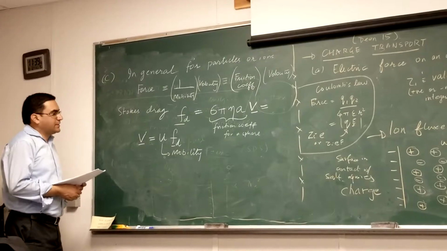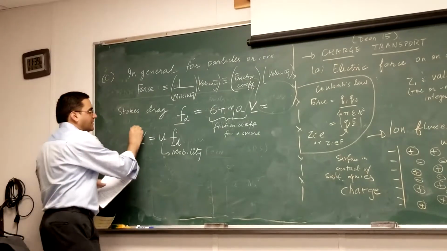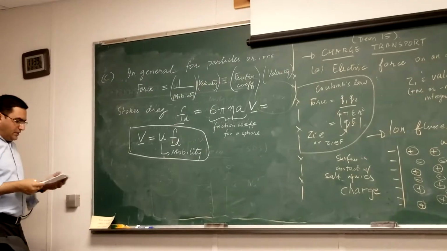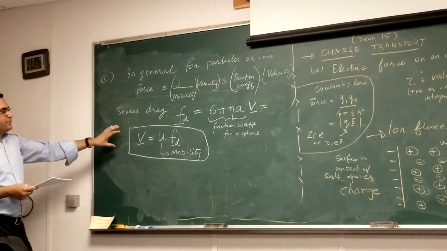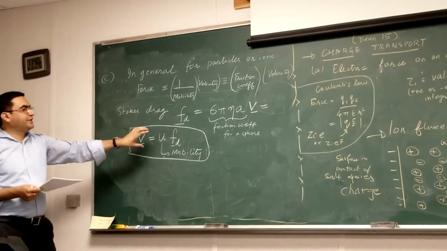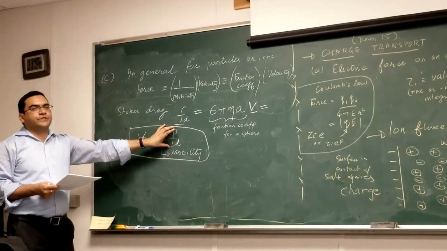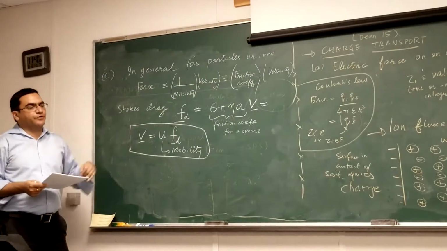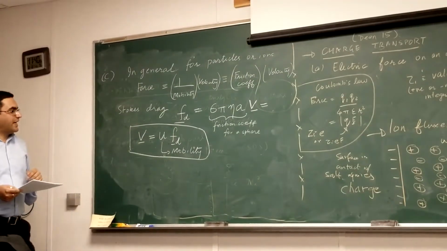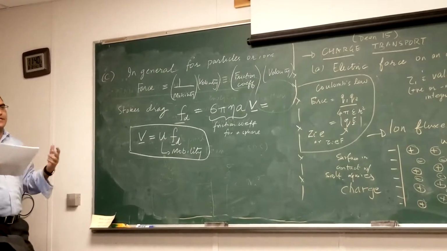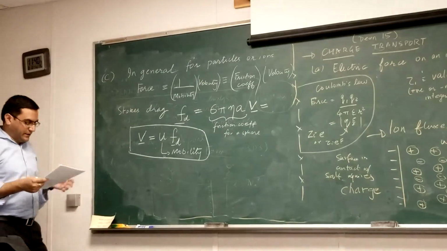So if I have an extra velocity that gets contributed by an extra force, then this is going to be on top of whatever velocity you have because of flow, whatever velocity you have because of diffusive flux. And that's the primary idea.